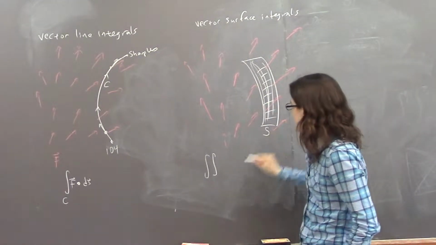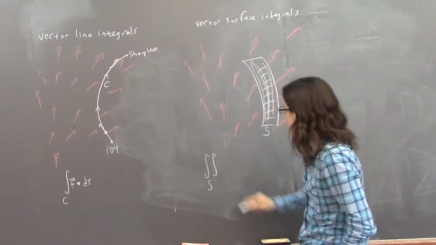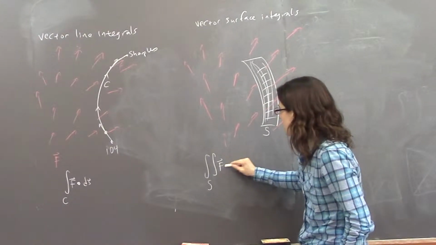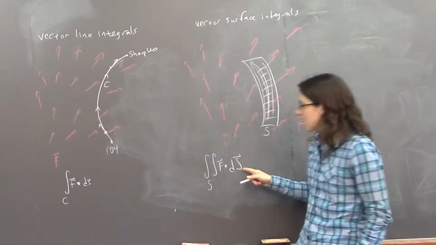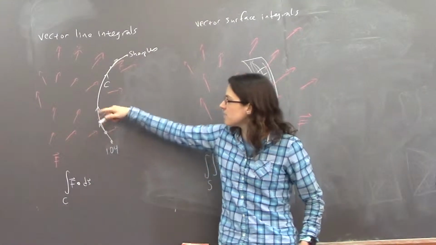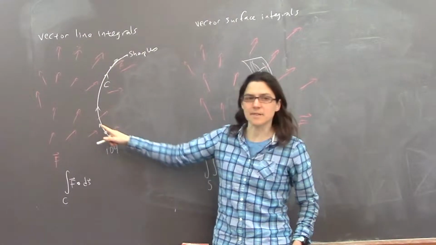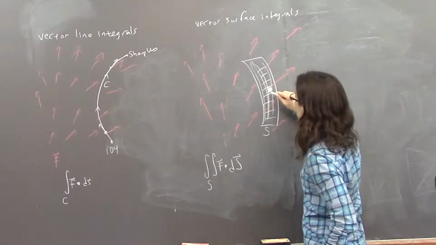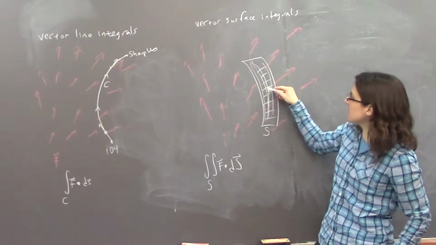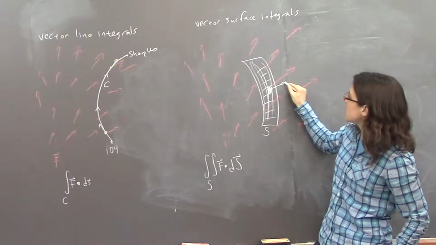Here's my surface S. We take a surface integral over S of F dot dS, in this case big S. That was a small s. This is a big S, because this is a little bit of oriented line segment along a curve, and this is a little bit of oriented surface. So you can think of dS as being a little patch of area with an orientation.